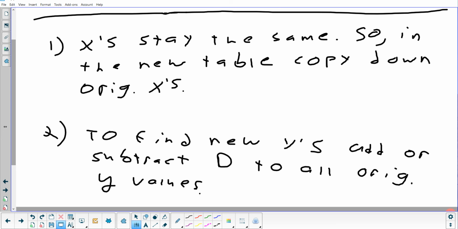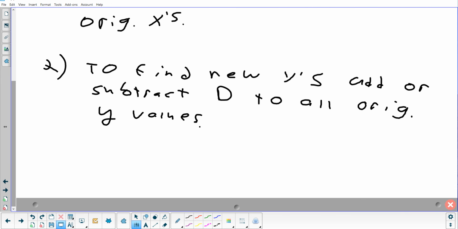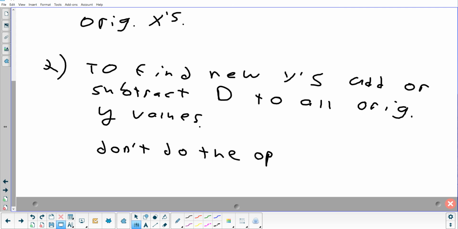You can have a reference sheet, so I would put it on your reference sheet. Don't do the opposite for a vertical shift.